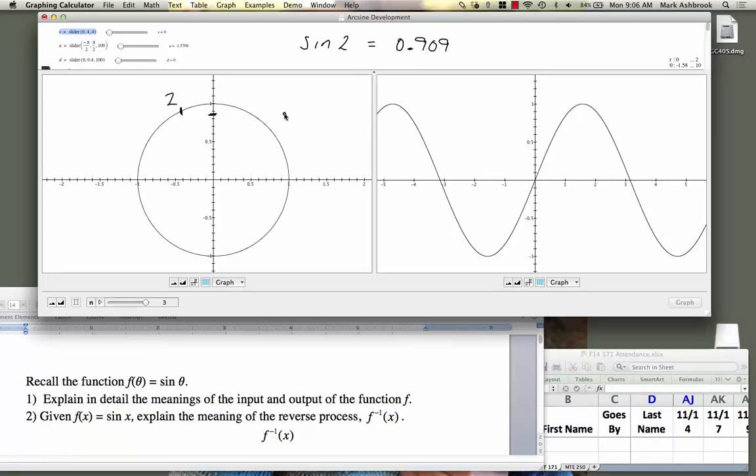Now put in second sine, which is the inverse sine of 0.909. What are you going to get? You're going to get 2, right? What'd you get? You didn't get 2.